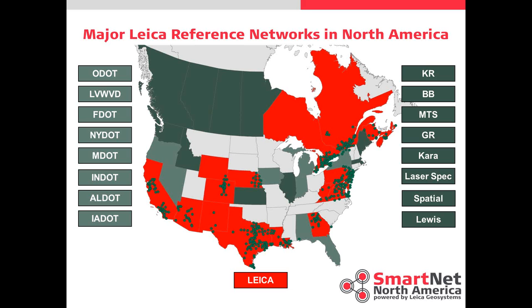If you go to the website and you go to network coverage, you'll see the different colors. If you're in one of the other areas, one of the affiliate areas, and you click on one of those states, it'll take you to that state's website or that dealer's website so that you can figure out how to get connected. If you do have questions on how to get connected to one of these other websites, you can always email us at our contact page or email us at our email address, and we'll try to help you the best we can.